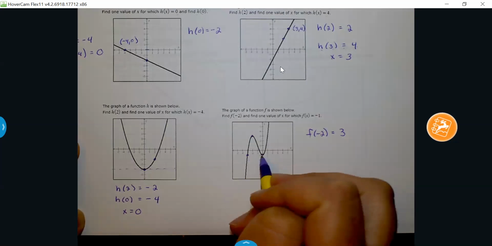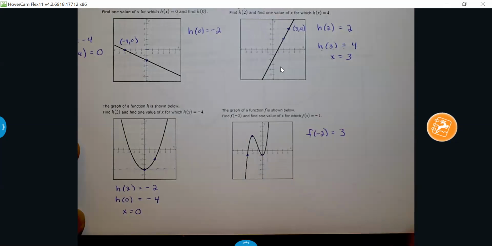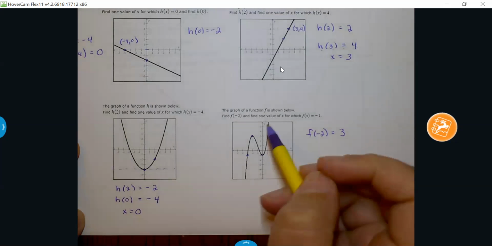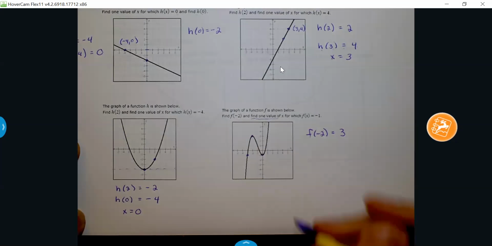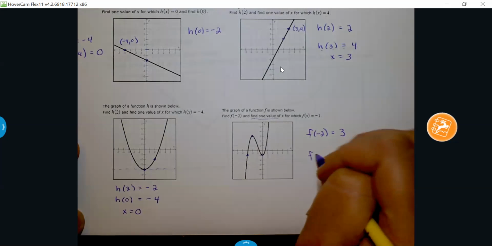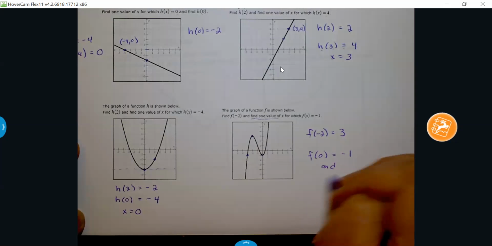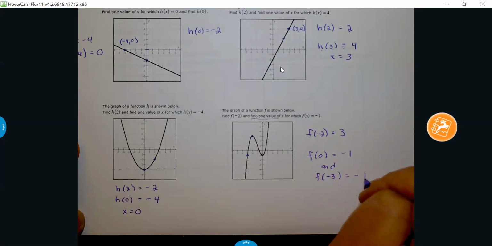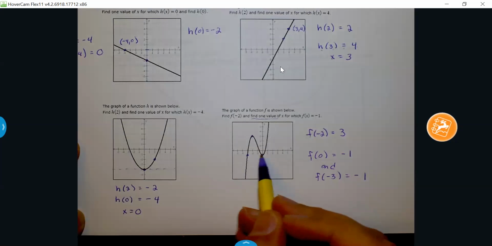So it is possible for there to be two x's representing one y value. So we have two possible answers. That's why they say find one value. You only have to put in one value. So it looks like here that f of 0 would equal -1, and f of -3 would equal -1. Now, you don't have to put in 0 and -3, just one of them, but know that there are two possibilities here.